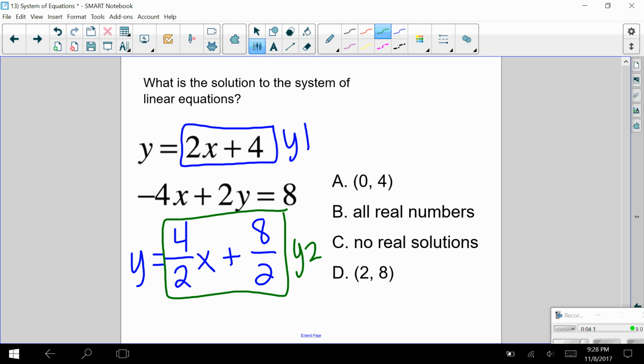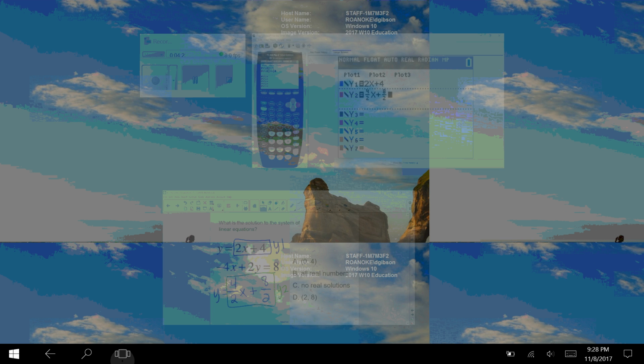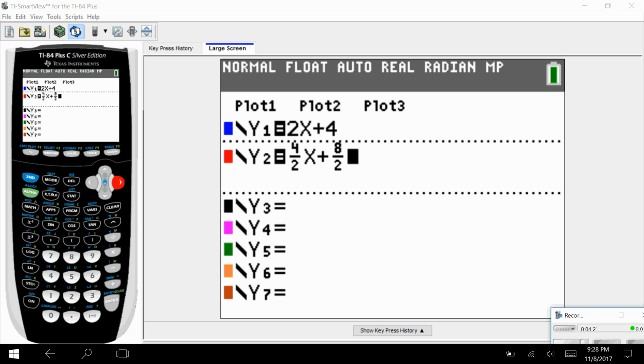Graph it and find our intersection. I have the equations plugged into y1 and y2, 4 over 2x and 8 over 2. I would suggest that you pause it now and get these typed into your calculator so you can practice doing it also.